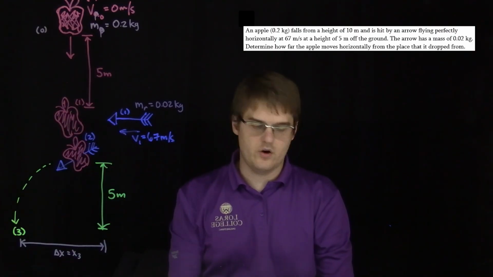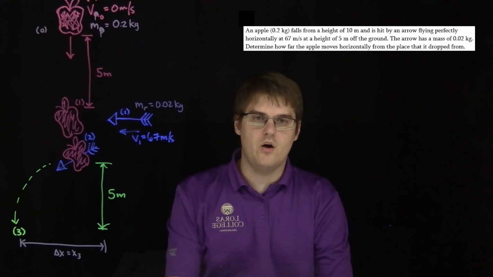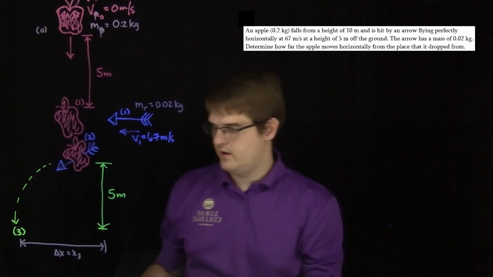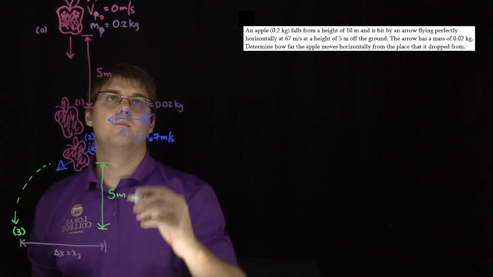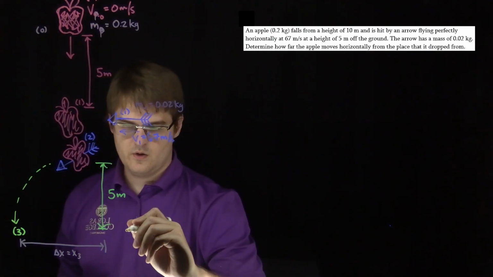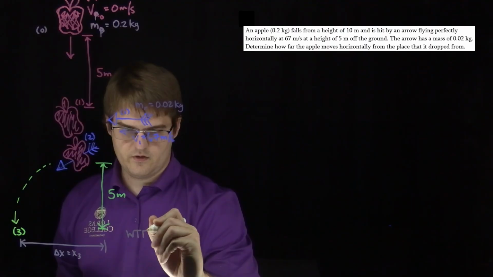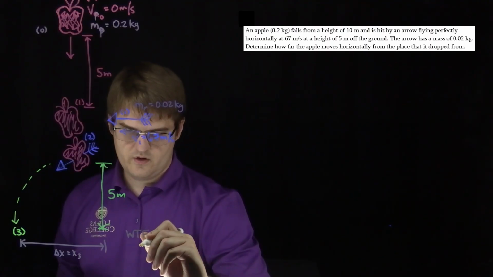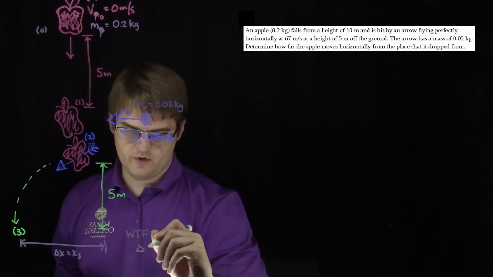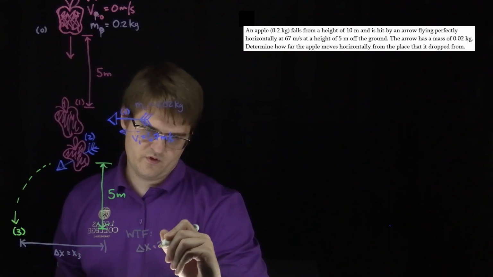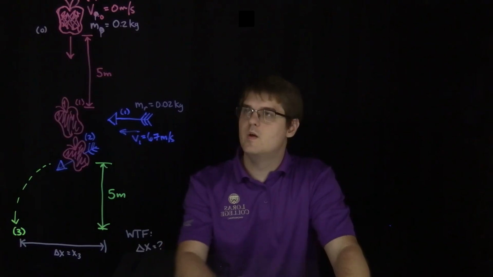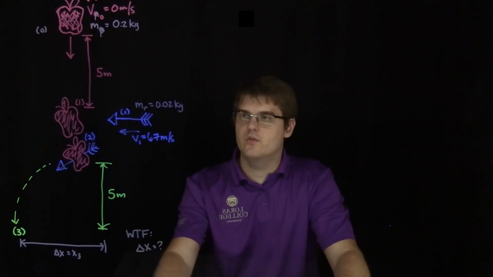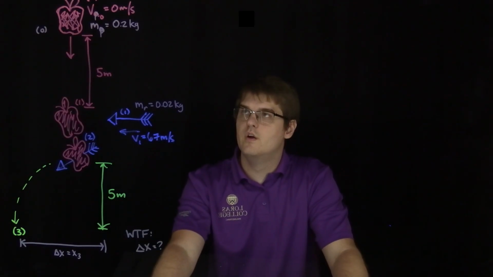So we're going to have to start at time 0 and make our way all the way to time 3 in order to find, put it down here, delta x. How far to the left is it when it hits the ground? Where am I going to find this final apple/arrow combination?